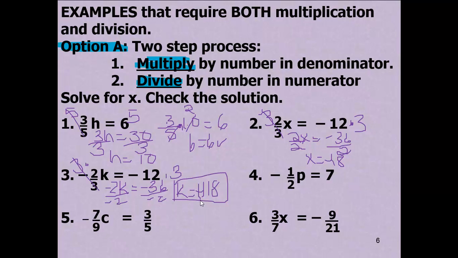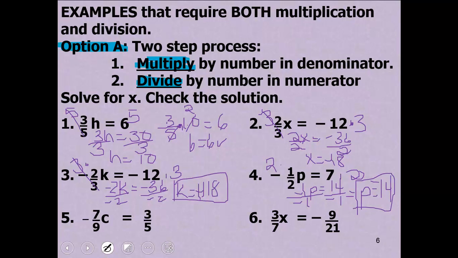Welcome back. I'm going to multiply first by 2. And I get negative 1p is equal to 14. And then I'm going to divide by negative 1. And I get p is equal to negative 14. Can you read that?